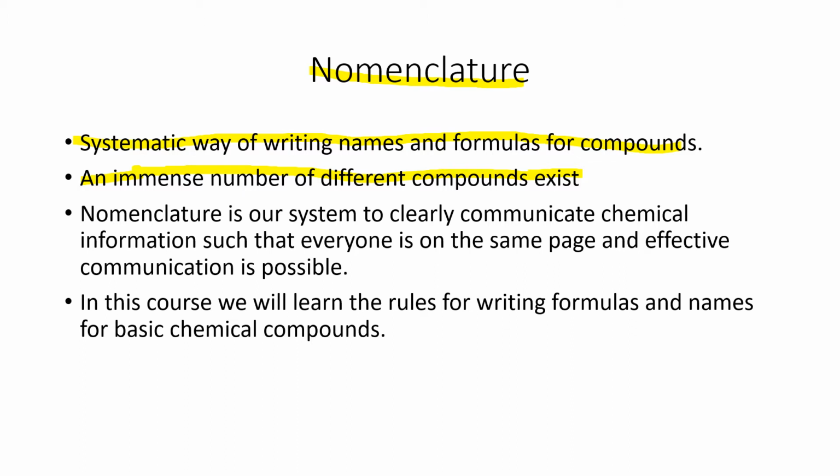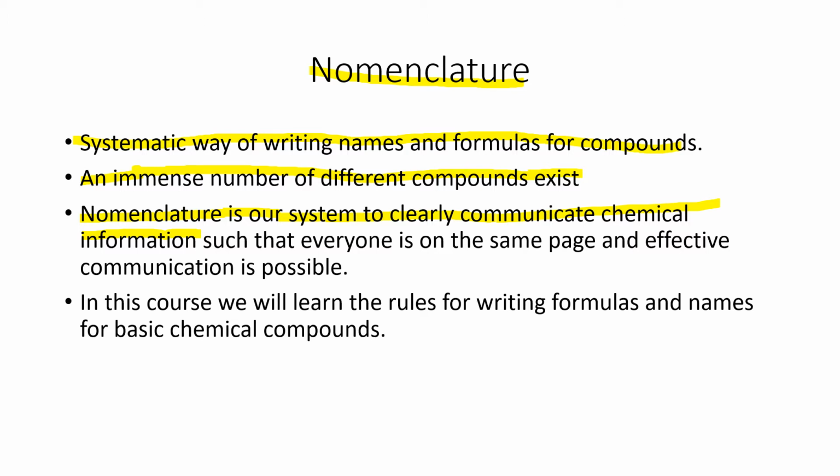We have to have a way to communicate information. That goes for every discipline, and chemistry is no different. So for us, nomenclature is our system to clearly communicate chemical information. And it's important, just like any other communication tool, that everybody be on the same page.